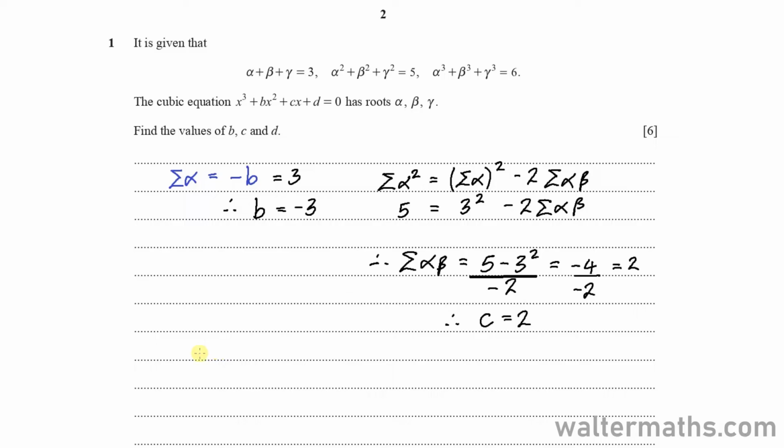So here we have x cubed plus bx squared plus cx plus d equal to 0. Now we can make x cubed the subject, and here we'll be having x cubed is equal to minus bx squared minus cx minus d.